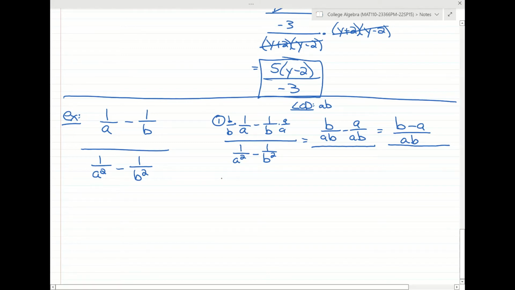The denominator, the least common denominator would be we need an a squared and a b squared. Multiply by whatever is missing. And we get b squared over a squared b squared minus a squared over a squared b squared, which gives us one fraction, b squared minus a squared over a squared b squared.